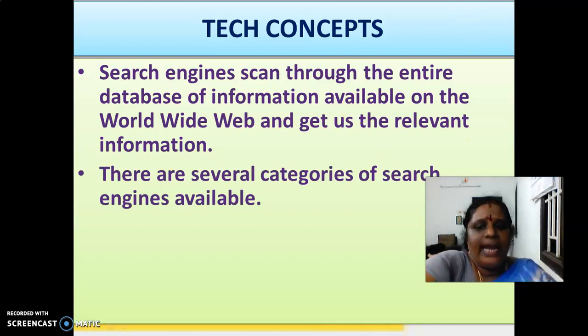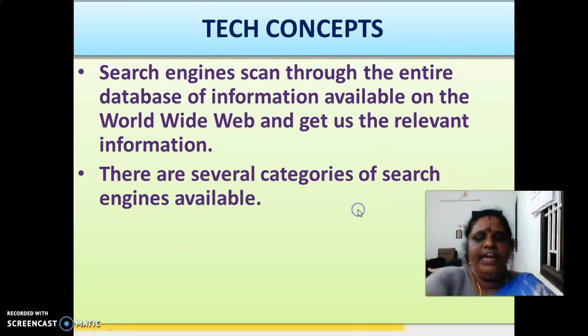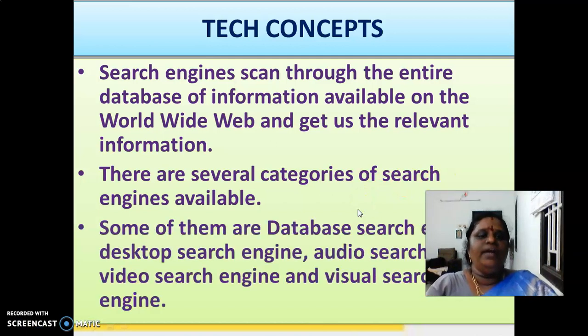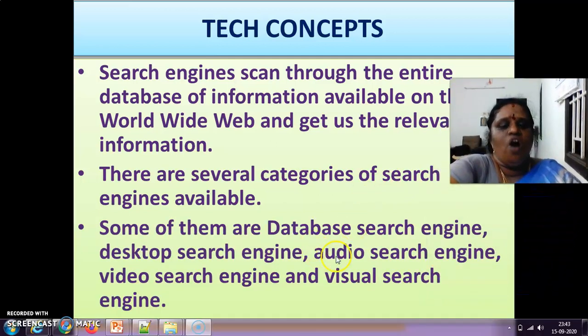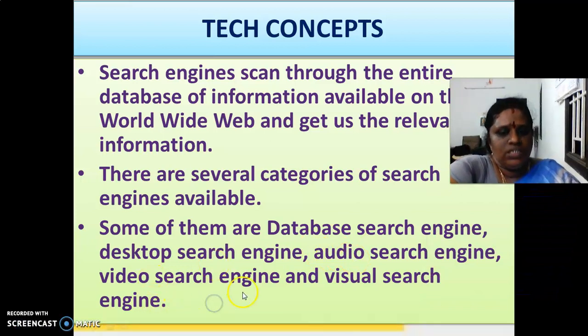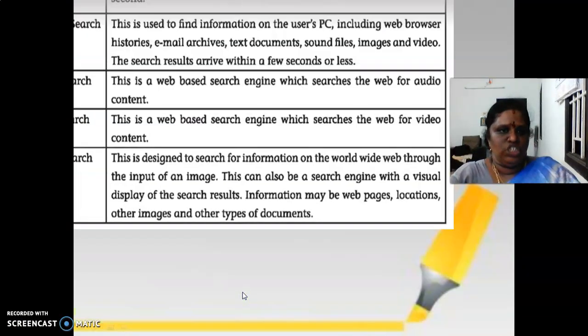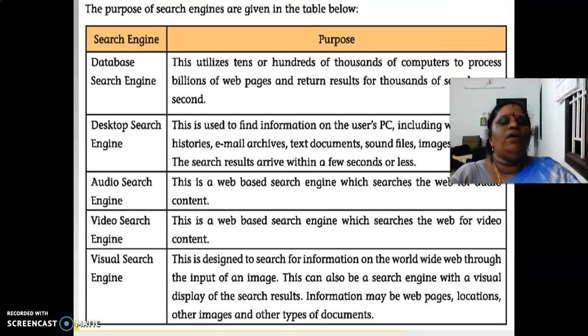There are several categories of search engines available in our computer field. Some of them are database search engine, desktop search engine, audio search engine, video search engine, and visual search engine. So these are all the search engines. The purpose of these search engines is given in the table below.